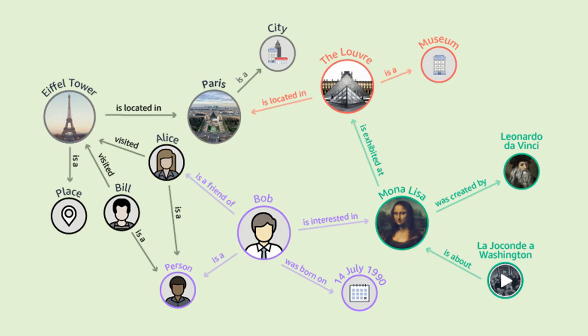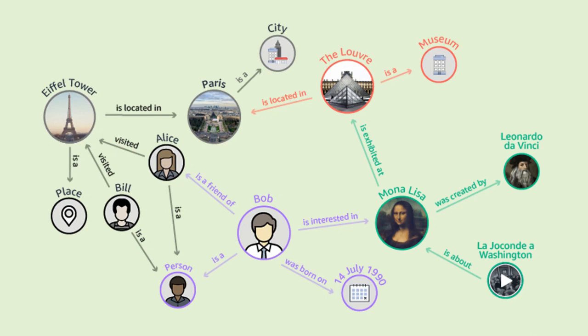So here we have nodes, Bill, place, Alice, and Eiffel Tower, and here we have relations or edges, which are represented by a function called visited, is a, and so on. The Eiffel Tower is also located in Paris, which is also a node, and Paris is a city.